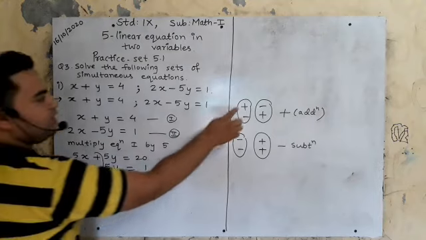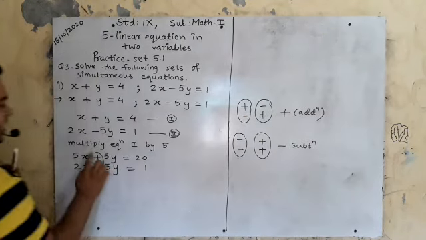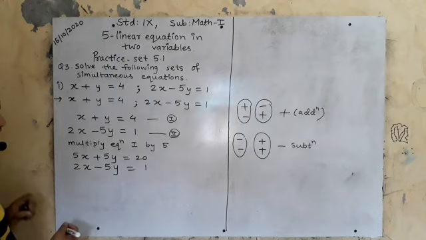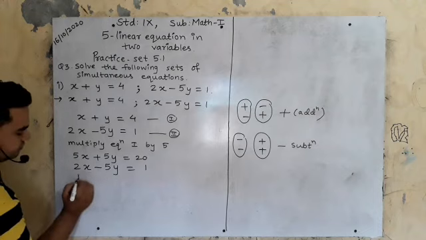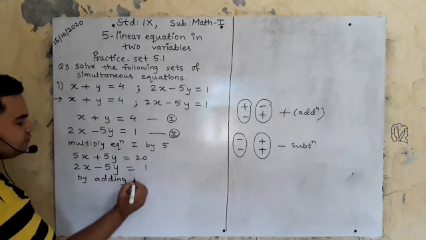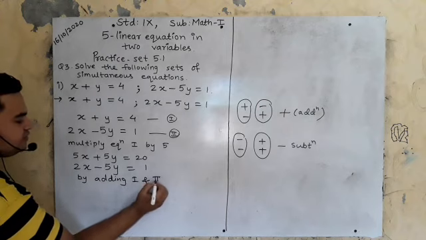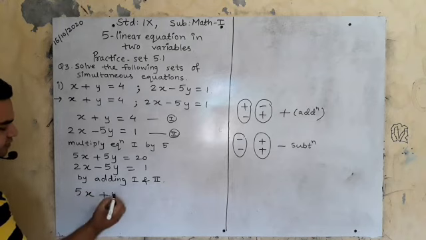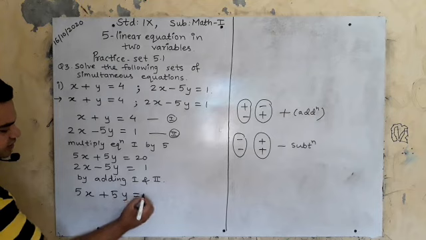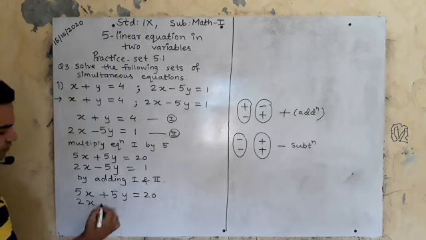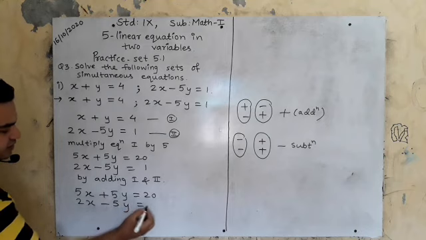In this condition we have opposite signs, so we will do addition. We will add equation 1 and equation 2. 5x plus 5y is equals to 20, and 2x minus 5y is equals to 1.